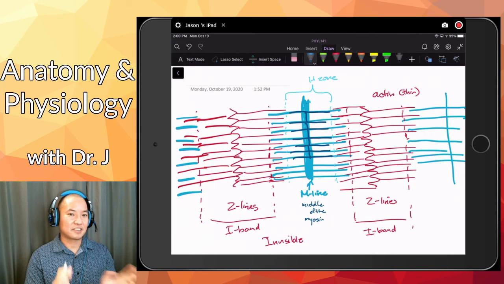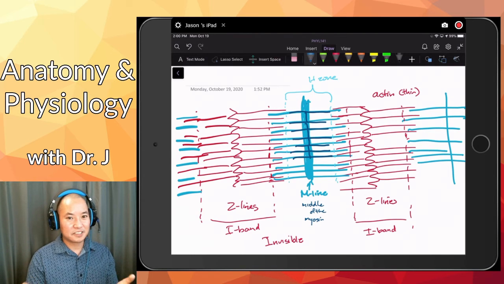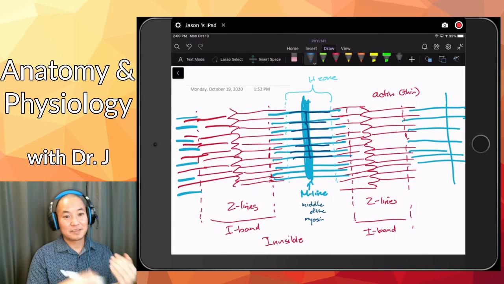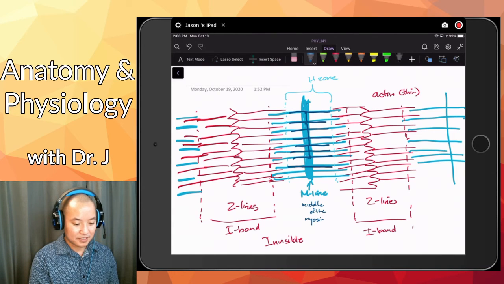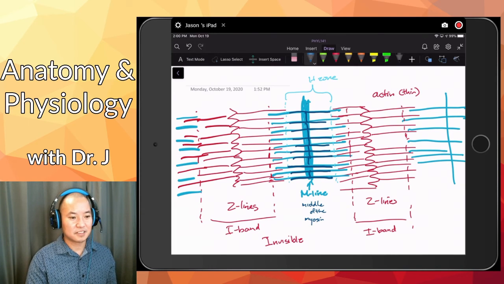This only has thick filaments. There's unfortunately no T zone, so I just think of heavy as a word related to thick. So this is the H zone, and this is why I also draw a bunch of H's. A bunch of heavy, thick filaments and nothing else, no thin filaments. So that's the H zone.